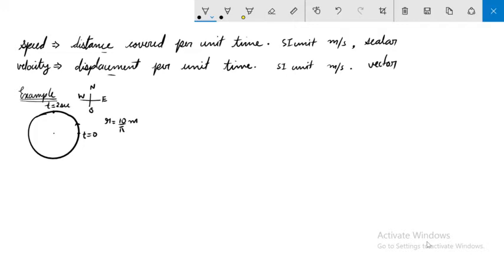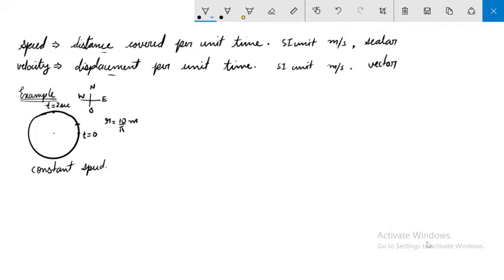In the diagram here you can see that a particle is moving along a circular path. Suppose it is moving with a constant speed. Let us say it's given a constant speed along the circle, and its initial position is also given at t is equal to 0. You can see in the diagram its position is marked.